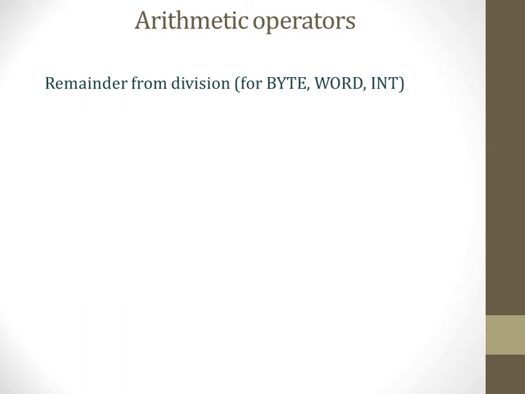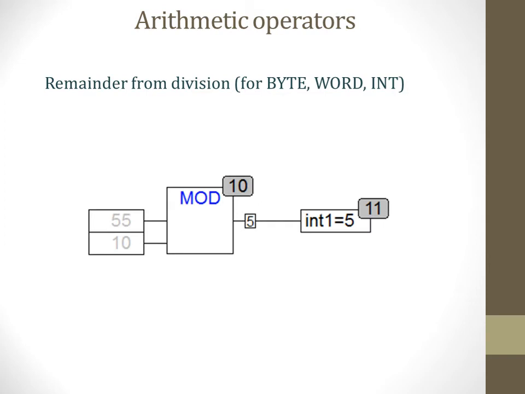Remainder from division for byte, word, int. So this is the mod arithmetic operator. As we see from this picture, this operator gives us the remainder from division.